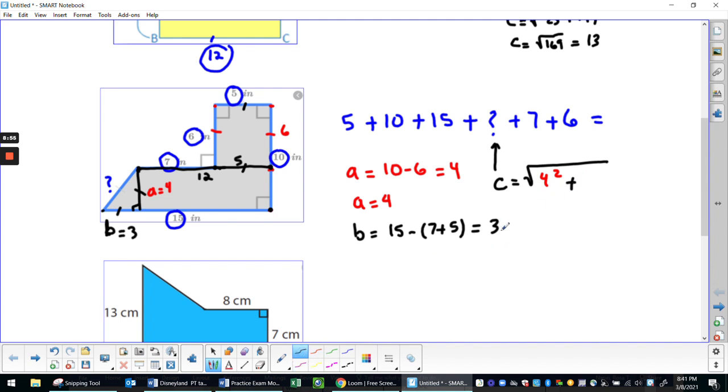Plus 3 squared, which is our other leg. And C is equal to the square root of 16 plus 9. C will equal the square root of 25, which is equal to 5. Now, that is going to give me 5 right here.